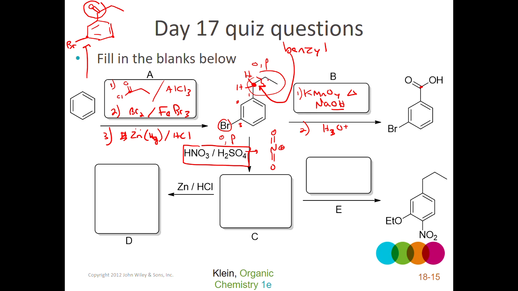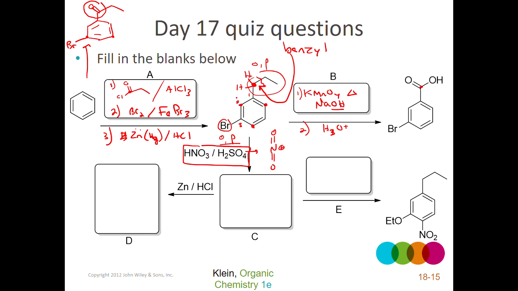Once this is an alkyl group, it's an ortho para director, so it should direct the ring to attack the nitro from the positions that are ortho and para with respect to that propyl group. And the bromine is also an ortho-para director, so it will direct the nitro group to come into the same positions, because those happen to be ortho and para to the bromine.